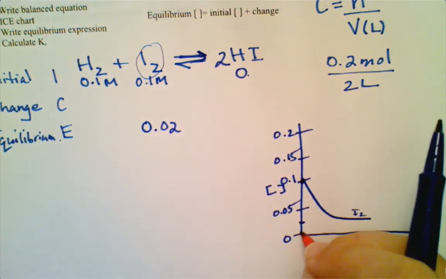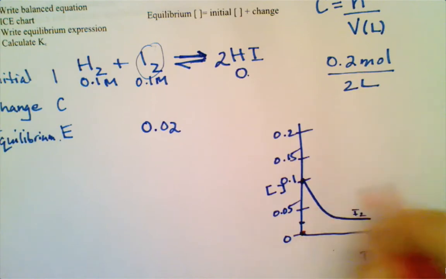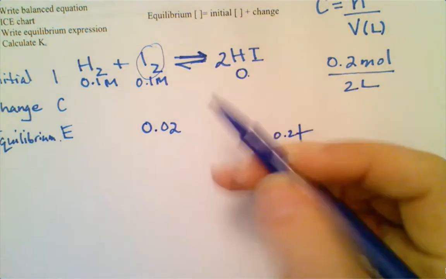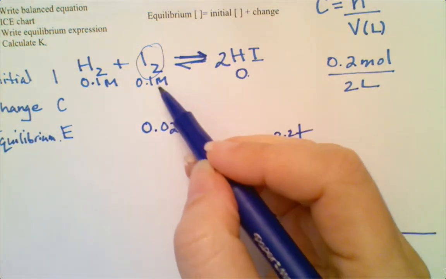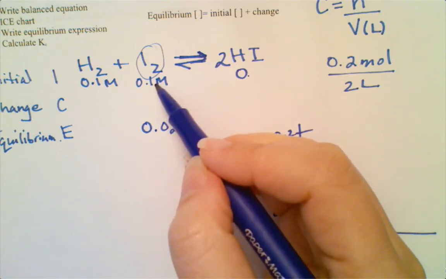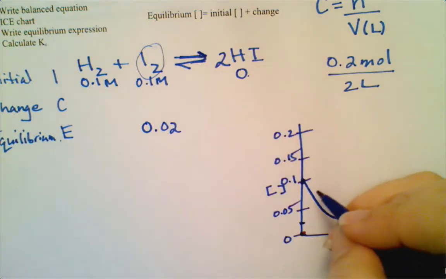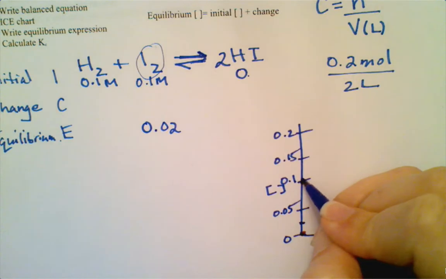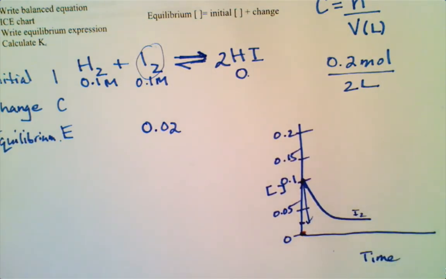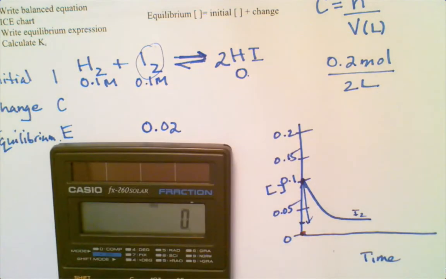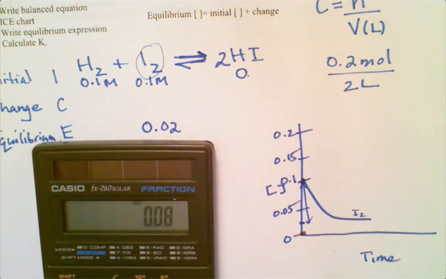We want to know how much of it we have when it starts to plateau. We have to take a look at how much this concentration changed by. When it went from 0.1 to 0.02, what is that change? We subtract them, and that is a change of 0.08 moles per liter.